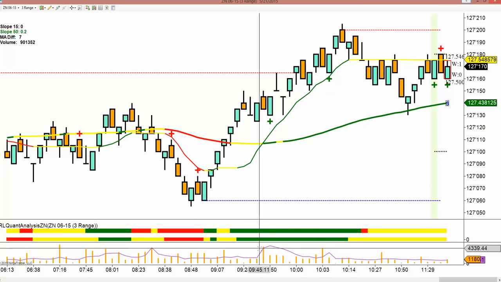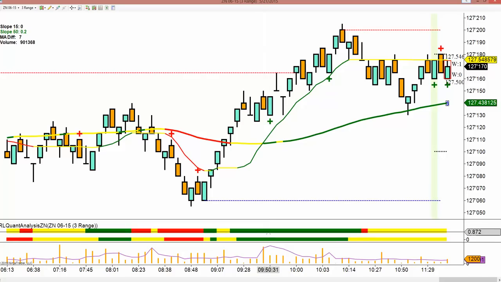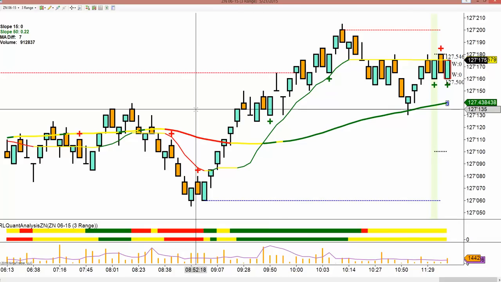Now, dual quants, if both quant lines are green, it means that you have multiple correlative markets moving in the direction that you want it to. Now, let me refresh the screen.